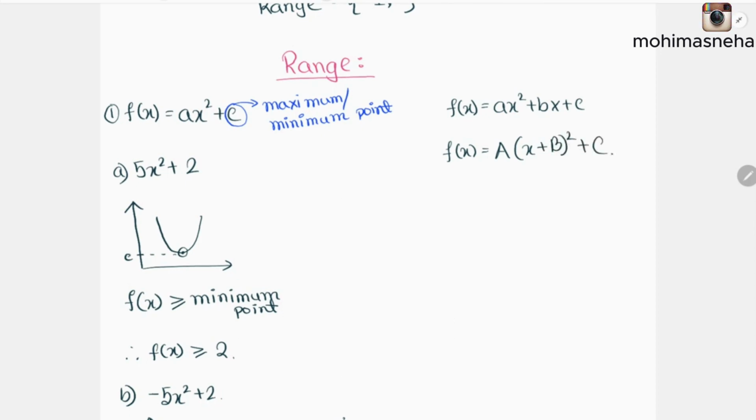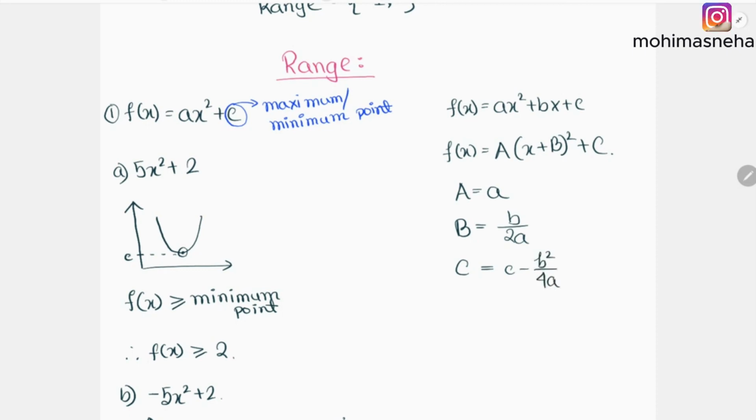So you can find out the values of capital A, B, C using simple formulas. For example, capital A can be found out using small a. Like whatever the value of small a is will be the value of capital A. And capital B is going to be b by 2a, and capital C can be calculated with c minus b square over 4a.